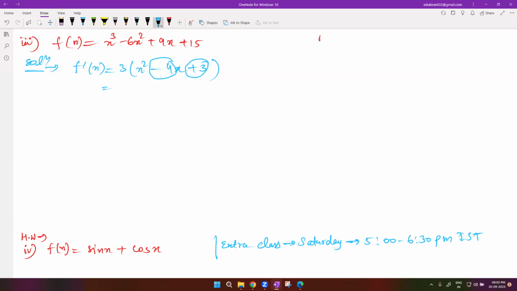Yes, sir. Okay, splitting the middle term says find out two numbers whose sum is minus 4 and whose multiplication is plus 3. So you basically have to find two numbers, a and b, where a plus b is minus 4 and a into b is plus 3. What are these two numbers?